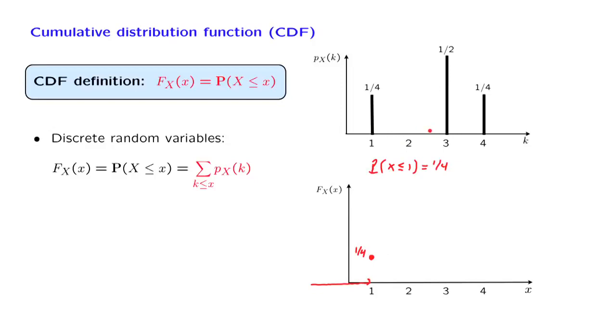Now, what's the probability of falling to the left of, let's say, 2? This probability is again 1/4. There's no change in the probability as we keep moving inside this interval. So the CDF stays constant until at some point we reach the value of 3. And at that point, the probability that the random variable takes a value less than or equal to 3 is going to be the probability of a 3 plus the probability of a 1, which becomes 3/4.